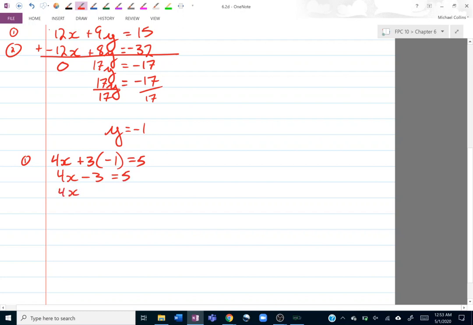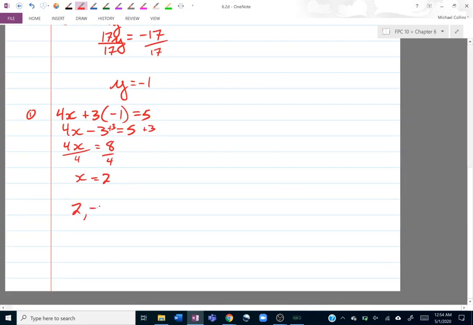I'm going to have to add 3 to both sides. 5 plus 3 is 8. Divide both sides by 4. I get x is equal to 2. So then I have the point 2, negative 1. Final solution. That would be done for us.